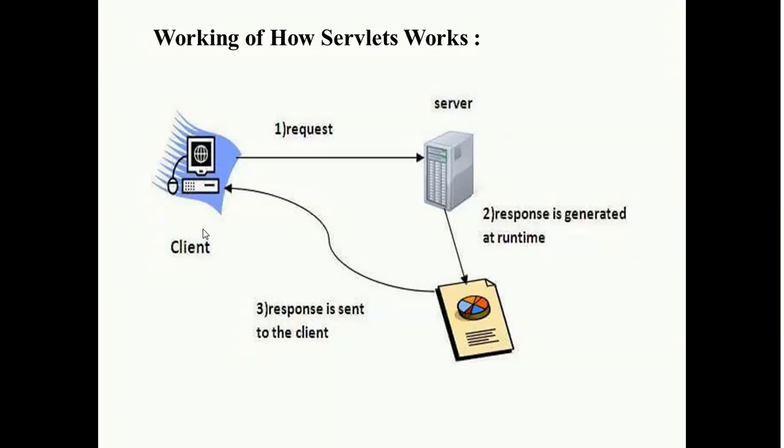Once obtained, the servlet gathers the relevant information, and that gathered information is sent to the particular client, which builds a web page according to the request. So the particular web page is then displayed to the client. So it is all about the working of the servlet.